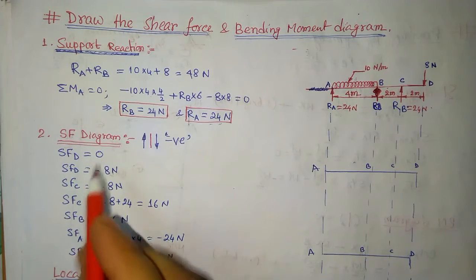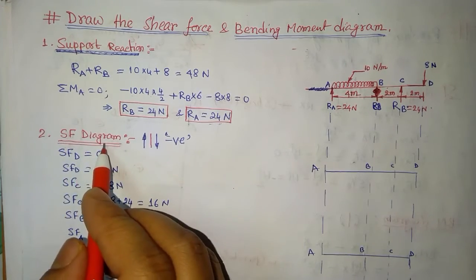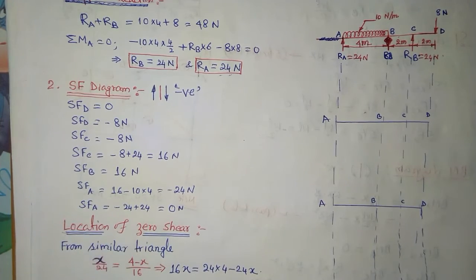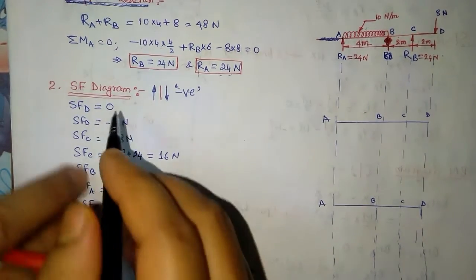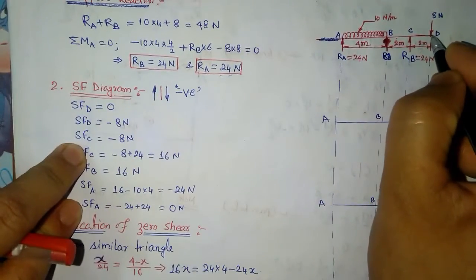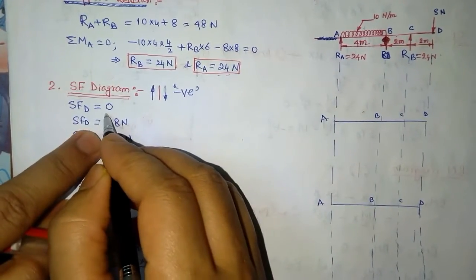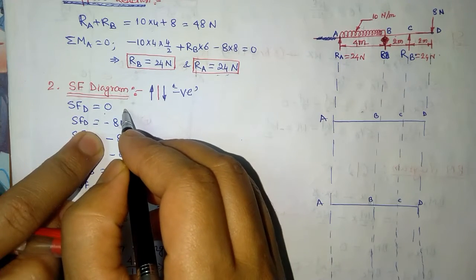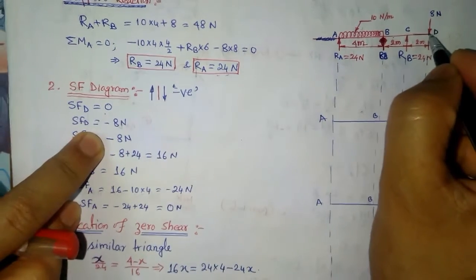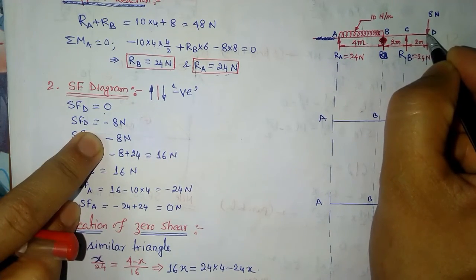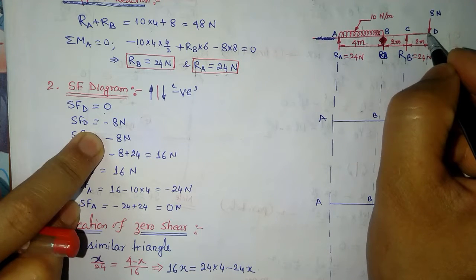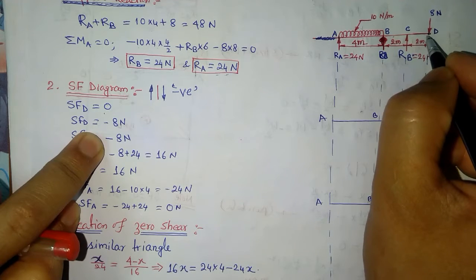Next we have to draw the shear force diagram. For drawing the shear force diagram, first we need to find the shear force at different points. First at point D. Shear force at point D is equal to 0, because in this situation we have not considered the force acting at point D. Already I told that if any concentrated load is acting at a point, then we will find the shear force 2 times at that point.